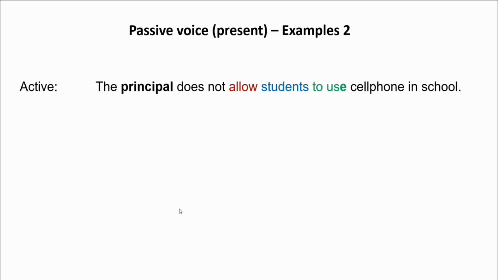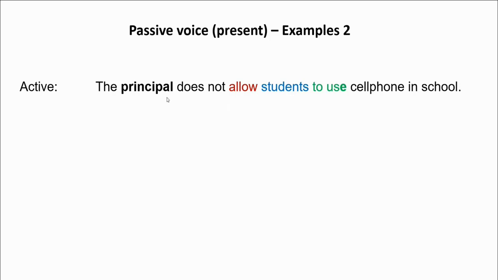Okay? Now, let's look at some more examples. Let's continue with the present. So, remember this example. The principal does not allow students to use cell phones in school. So, here we have allow in the present simple.